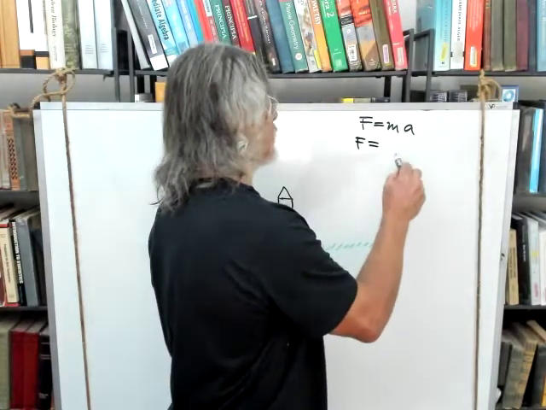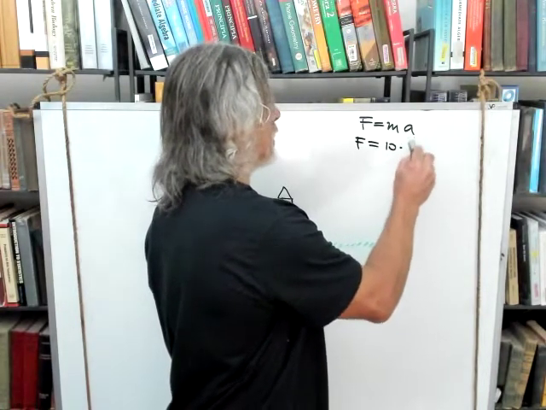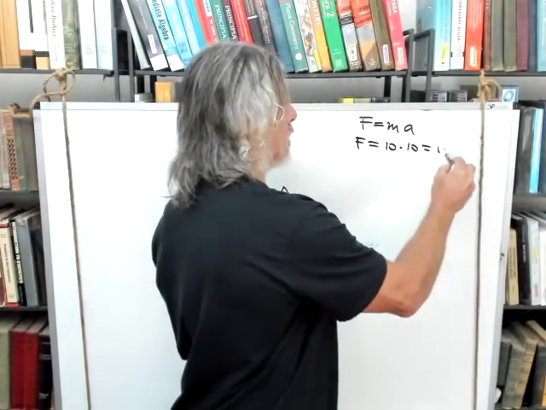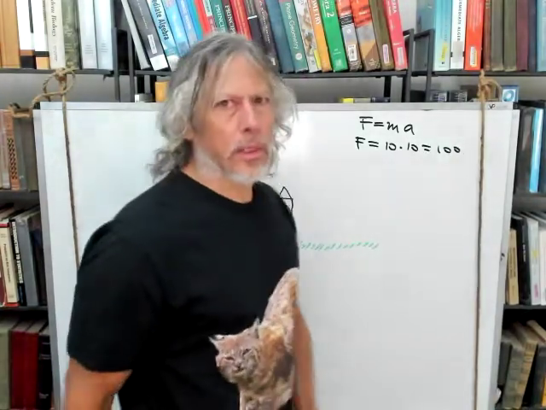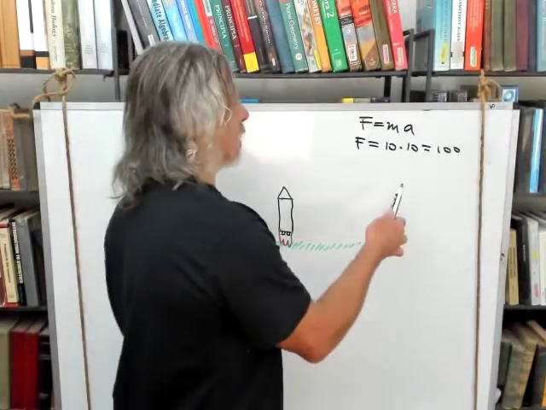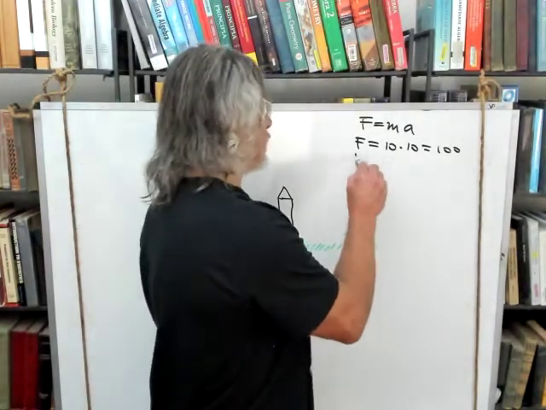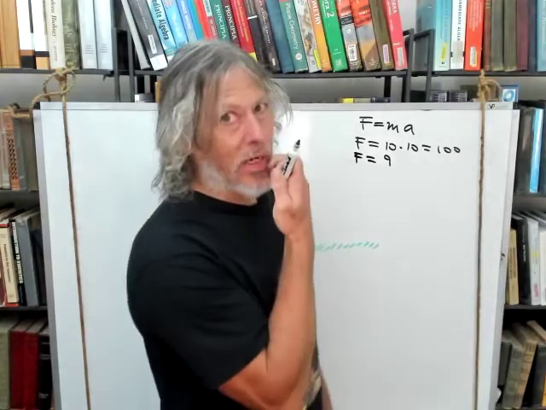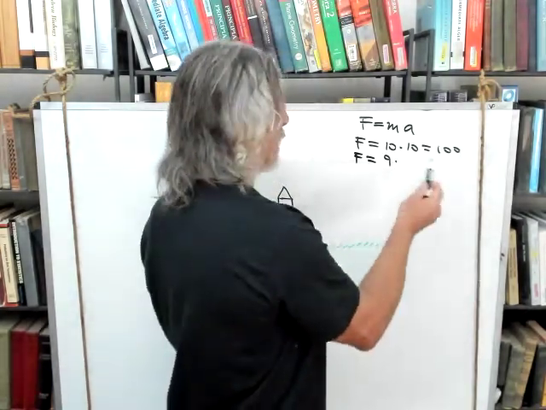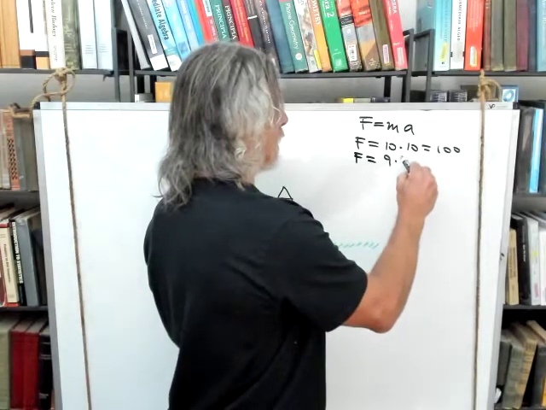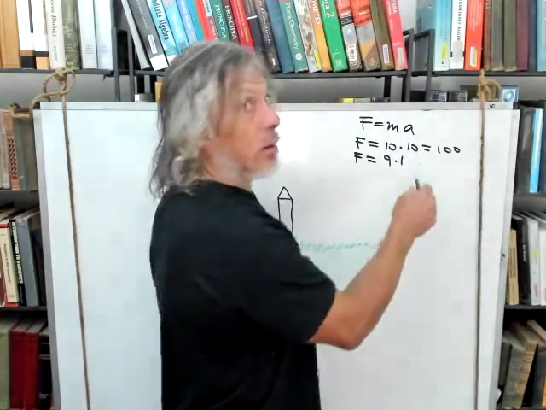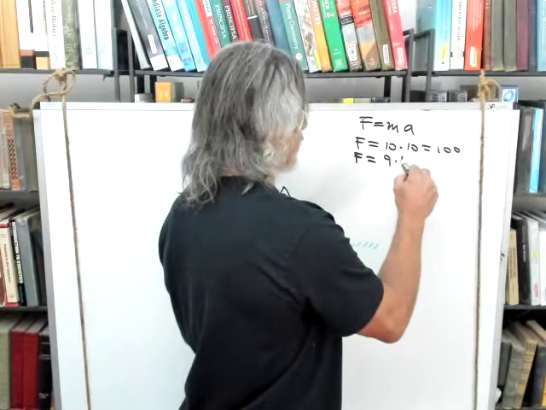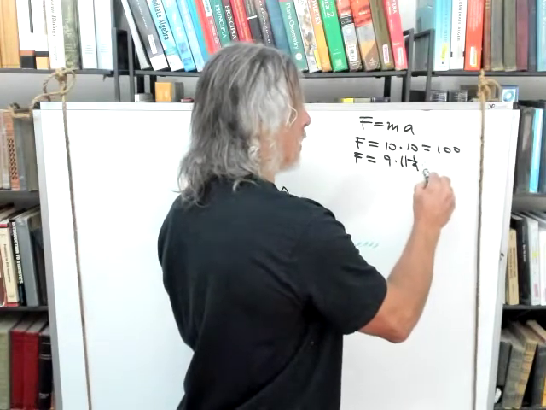If this is 10 and this is 10, let's say the thrust is 100. Let's work on keeping it constant. If this is 9, like 9 kilograms instead of 10, then to get 100, we need 100 over 9, which is 11 and 1/9.